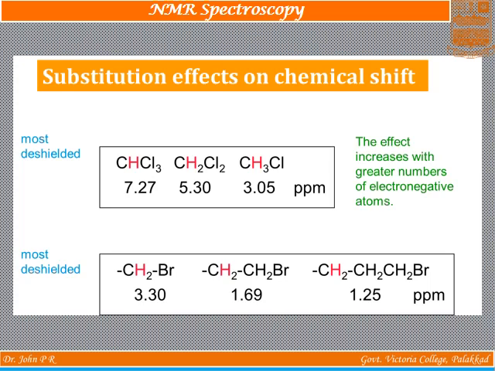So the primary standard is actually the TMS, and along with that, to correct the NMR scales, we can use this CHCl3 peak at 7.27 as the secondary standard. So if we add more and more electronegative elements, then there is an added effect on the chemical shift values.